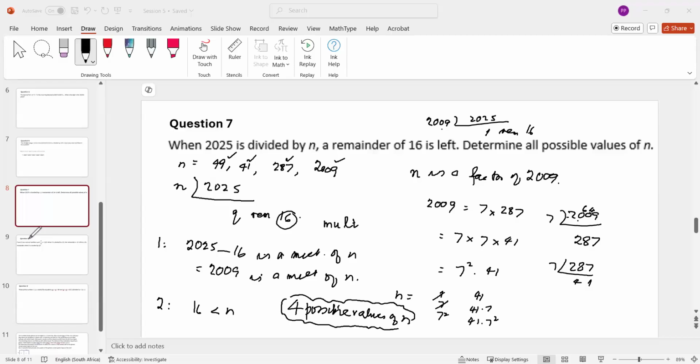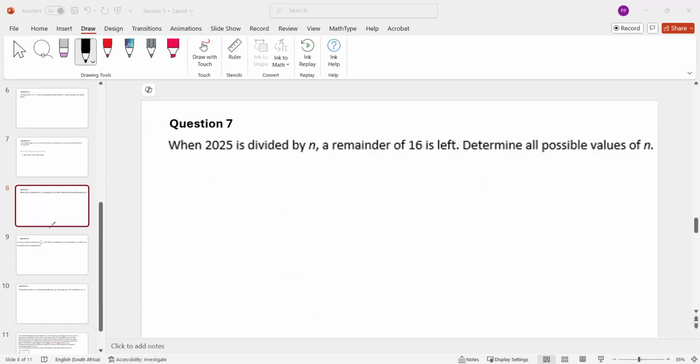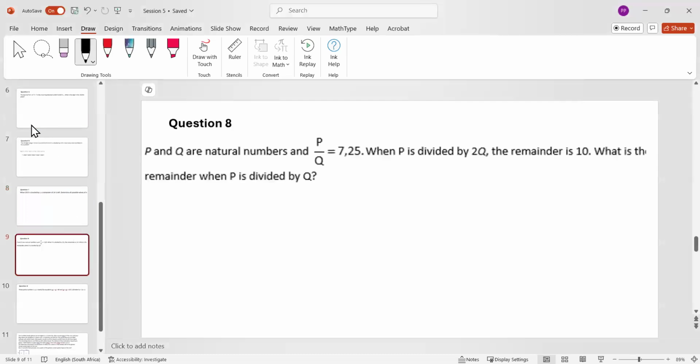And the next problem, go to question 8. P and Q are natural numbers, and P over Q is 7.25.